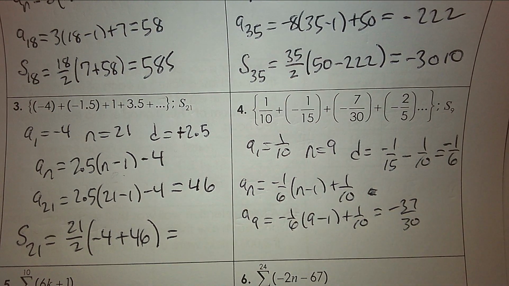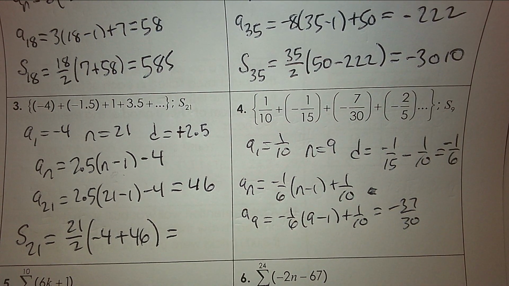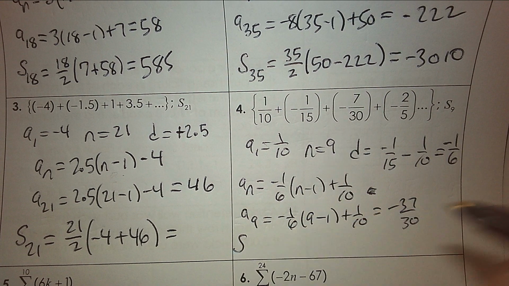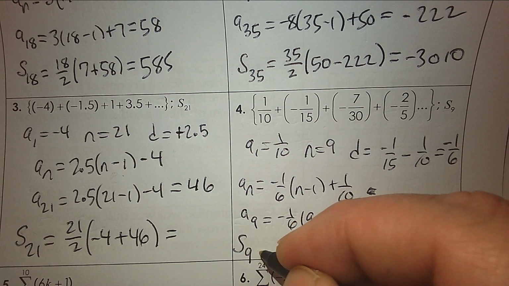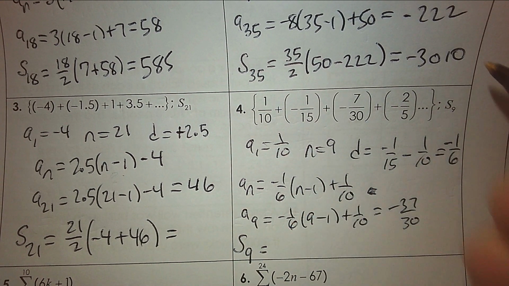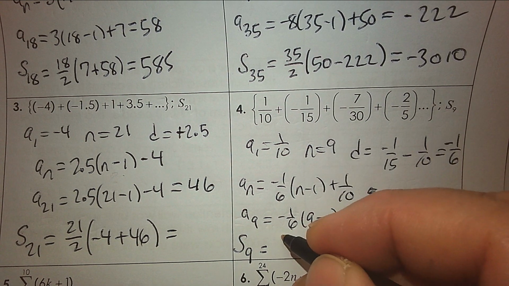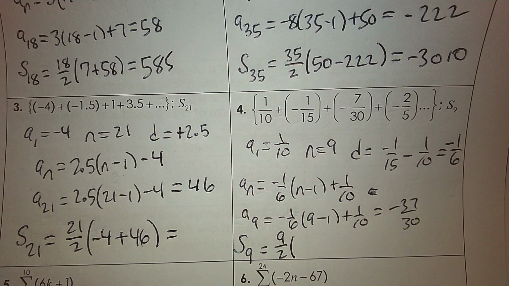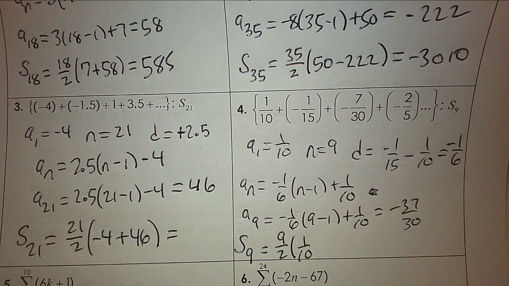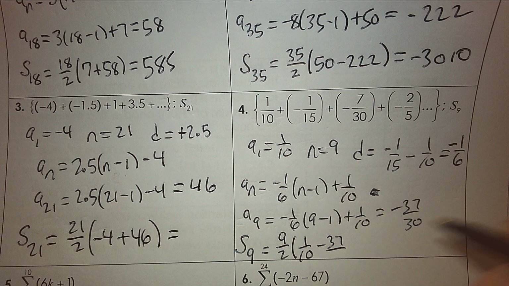Once you know the 9th term, then the formula you set up. So to find the sum of the 9 terms, it's the number of terms divided by 2, then the first term and the last one, and then use your calculator.